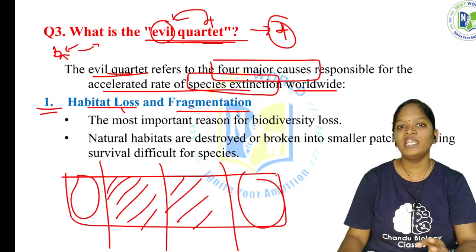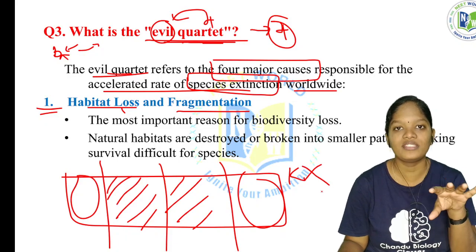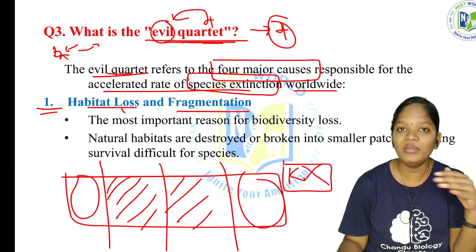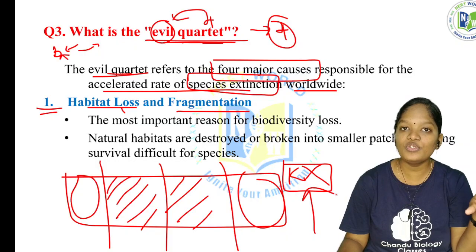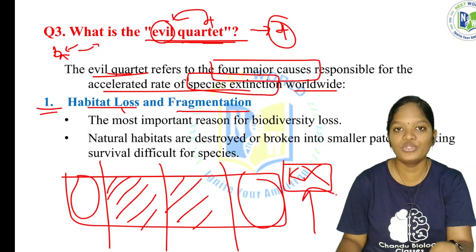So automatically the keystone species will be eliminated from this forest. Once keystone species are eliminated, the many species that depend on them will also be eliminated along with them.